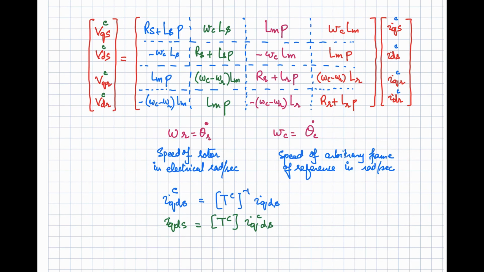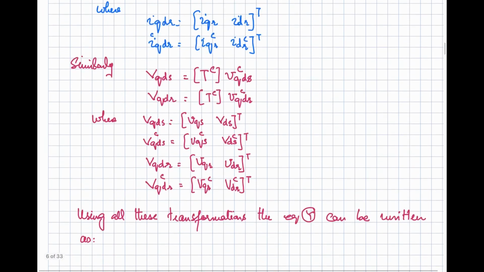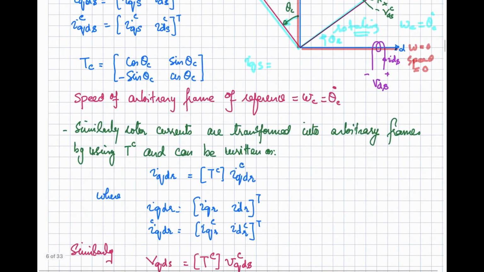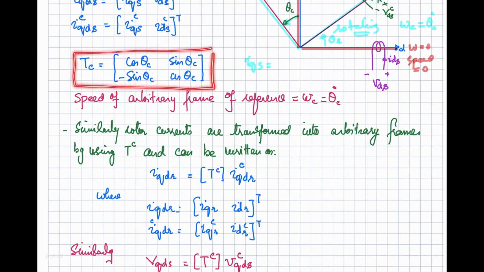And in this, the IQS and the IDS are related with the IQDS in the stationary frame. This is the stationary frame, this is the rotating frame. So they are related by this inverse transformation matrix, and the rotating terms can be related with the fixed frame of reference by this transformation matrix. So what is this TC? This TC we have defined over here is this transformation matrix, right?